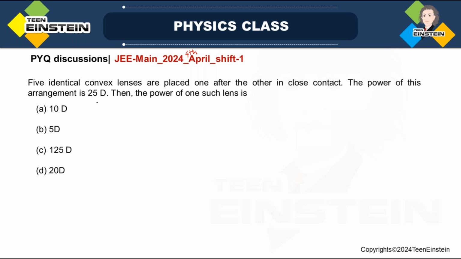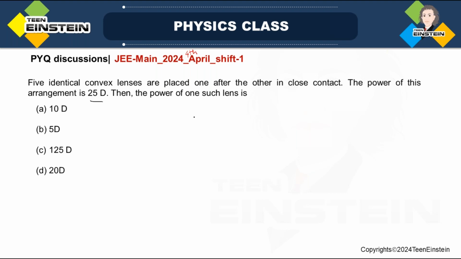The power of this arrangement is given as 25 diopter. Then the power of one such lens is 10 diopter, 5 diopter, 125 diopter, or 20 diopter. You have to find the correct option out of these four.